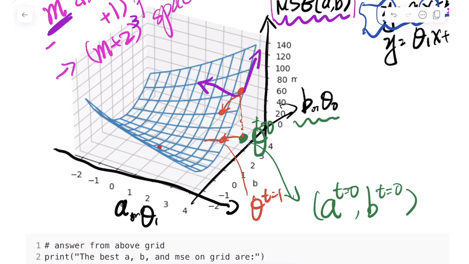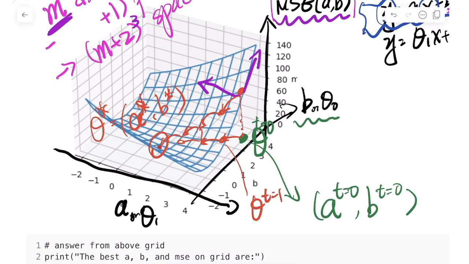So again, we gradually go to the a star and b star. So that would be a star and b star, which is theta star. That is called gradient descent.